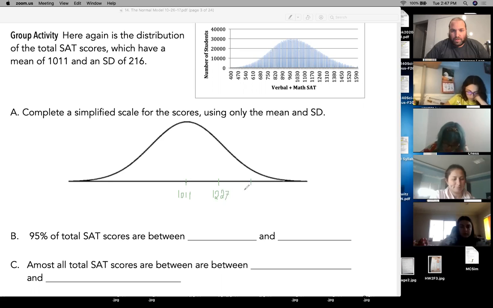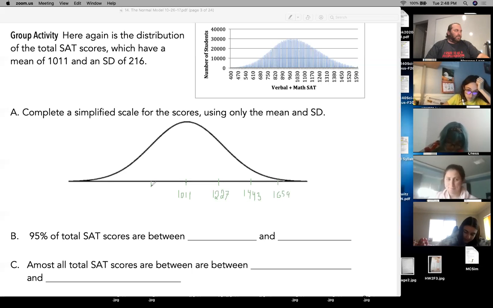If I go another one out, what do I get now? Add another 216. 1,443. If I go another one out, what do I have now? 1,659. And if I go back to the mean, but this time go down one deviation, minus 216 is 795.